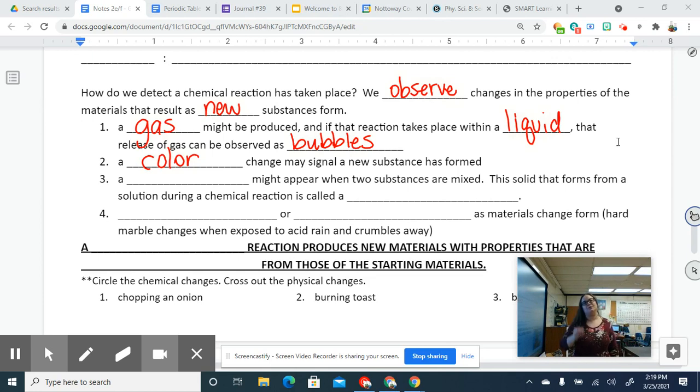All right, you may also have a color change as a sign that a new substance has been formed. So in the fall, the leaves turn from green to whatever the natural color of the leaf is. I know, isn't that crazy? The color that we see in the fall is actually what that leaf really wants to be. So if it's maroon, if it's purple, if it's orange, if it's red, that's the natural color of that leaf. But most of the time when the tree is active, you can't see that color.